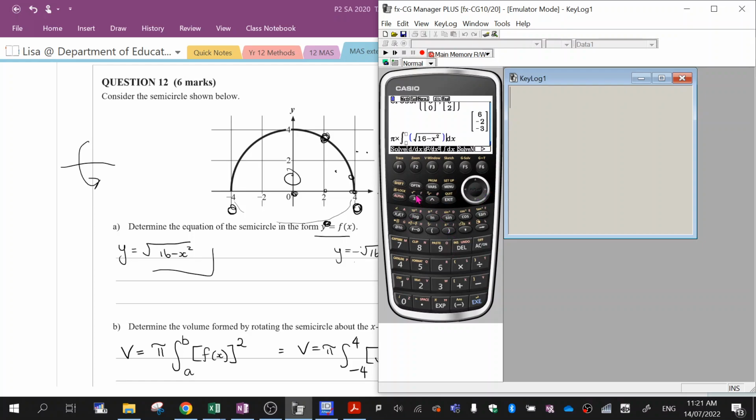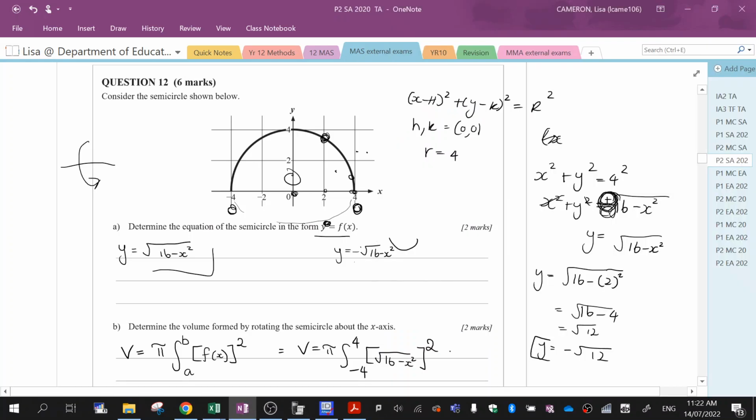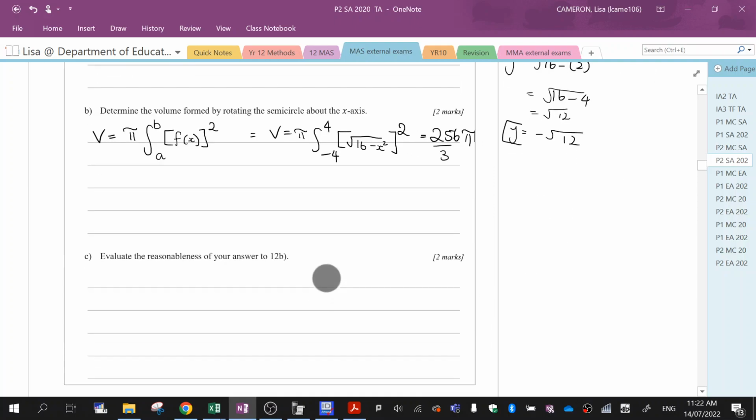Close that bracket, square it again. Negative 4 goes on the bottom, and 4 goes on the top. Execute. Okay, and that's my answer there, 256 divided by 3 pi. So equals 256 pi over 3.